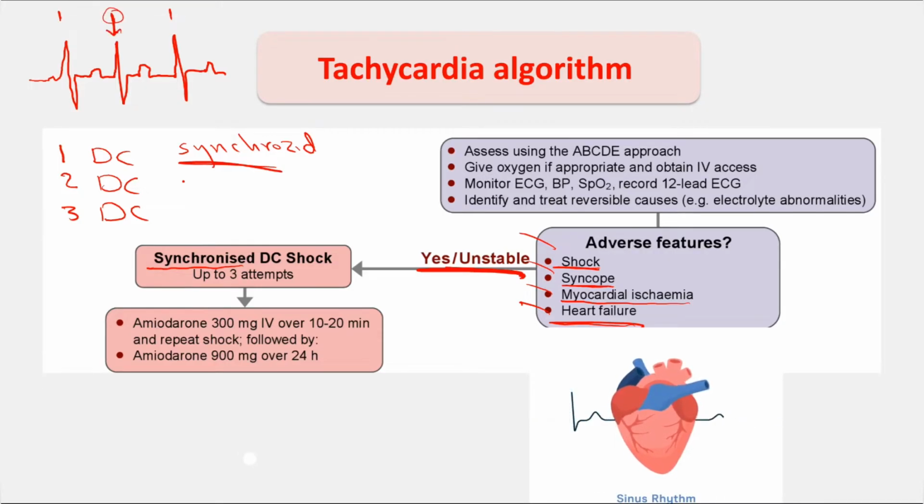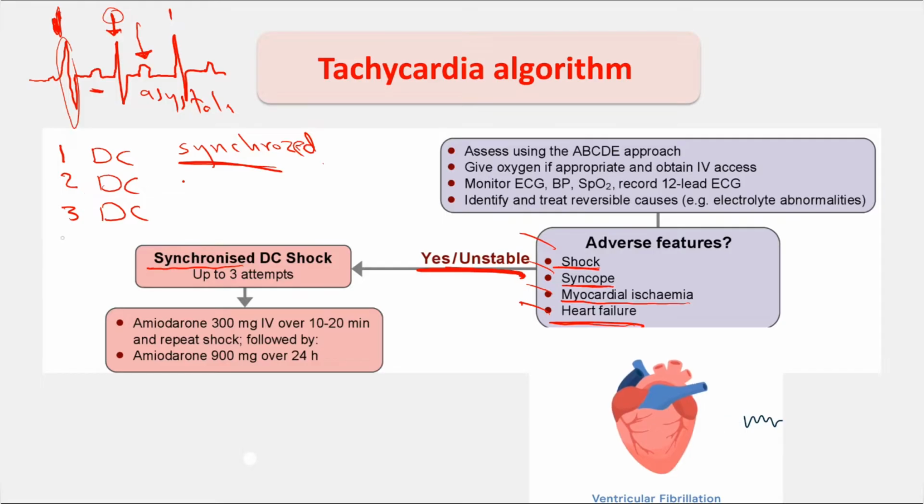It gives DC directly on the QRS, because if the DC is wrongly given asynchronously on the T wave, it may lead to asystole. So synchronization means you synchronize the electrical DC with the QRS, with the R wave.